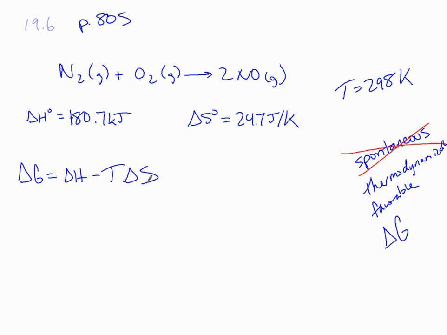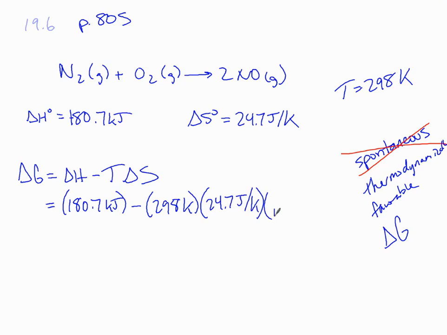Here's one of the three formulas that's on your AP exam sheet. Delta G equals delta H minus T delta S. And we're mostly just going to plug in our numbers. With one notable exception, our entropy is in units of joules, and it needs to be converted to kilojoules because delta H is in kilojoules and delta G is in kilojoules.